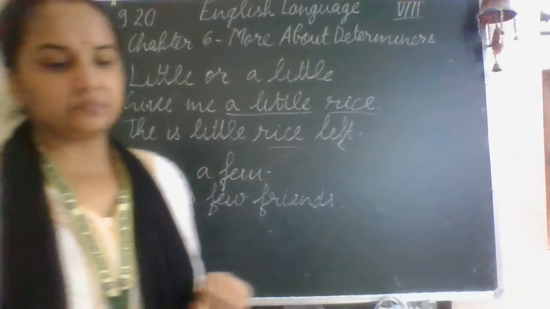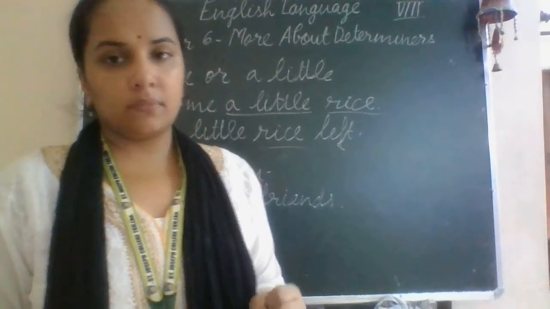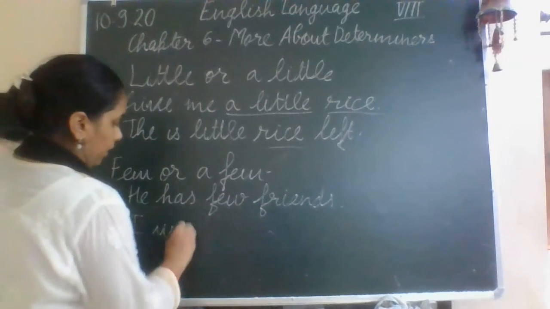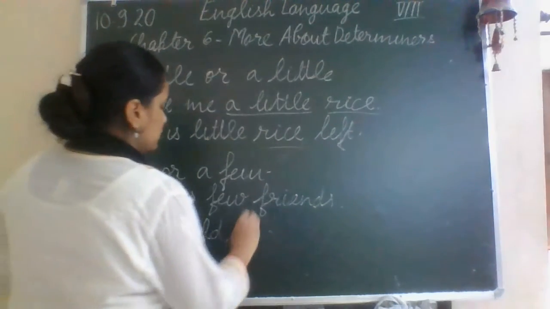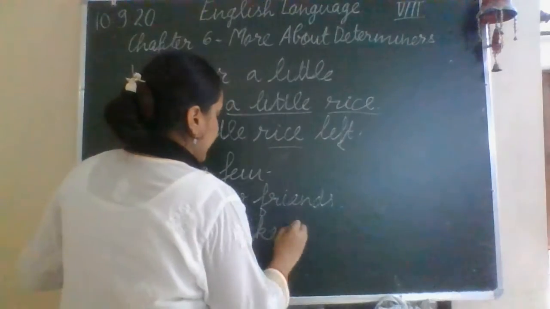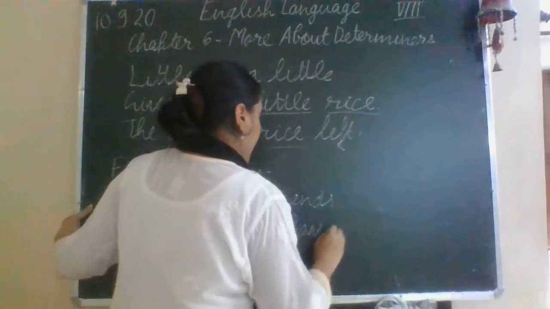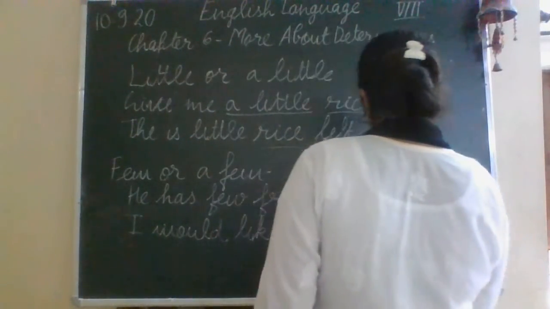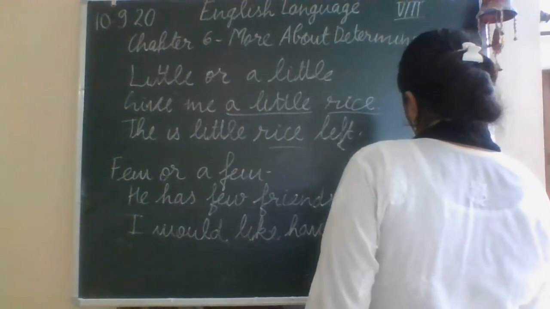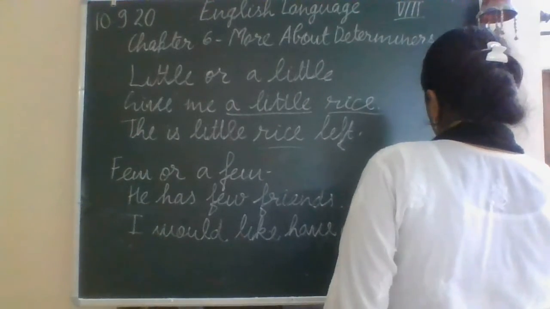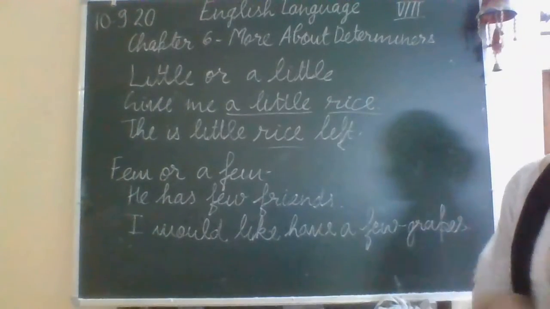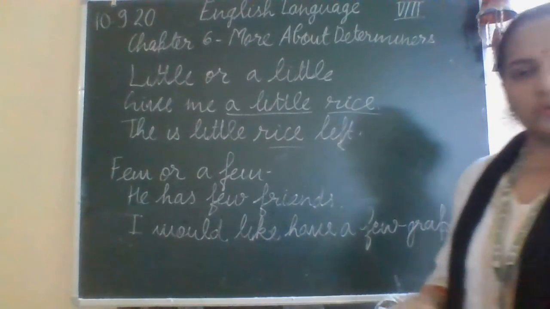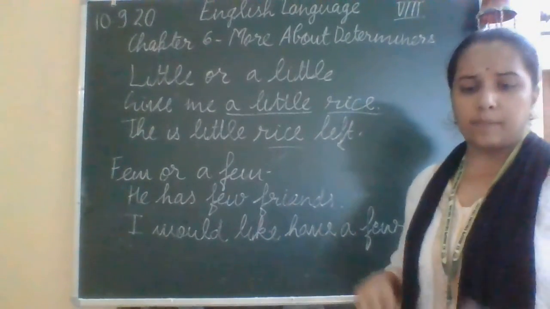Or the other thing that we have discussed, I would like to have a few grapes. So here what is happening? He has few friends means almost no, very less in number.